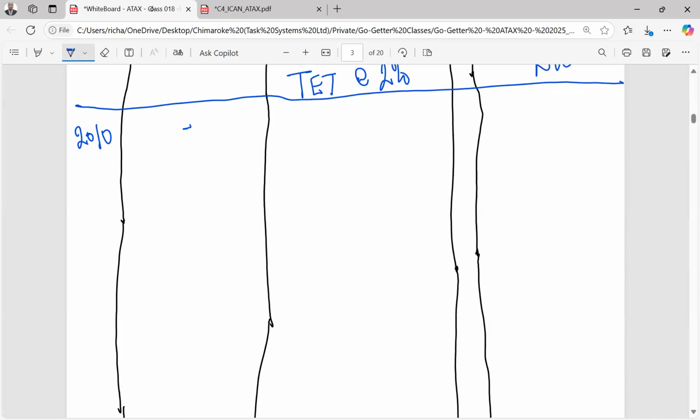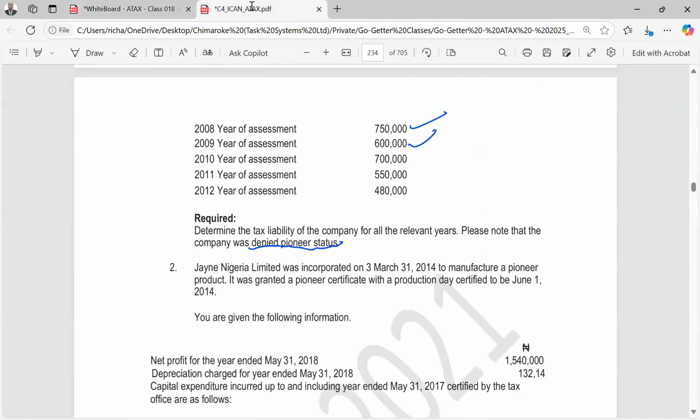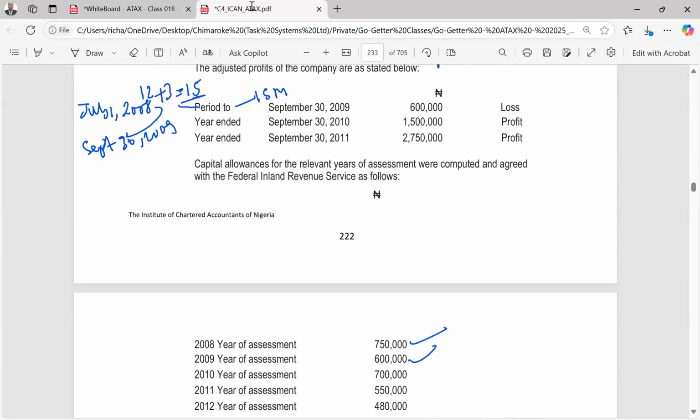So what it means now is we are going to say this is going to be 30th of September 2009. So that is what we know here. September 30th is our account year end.